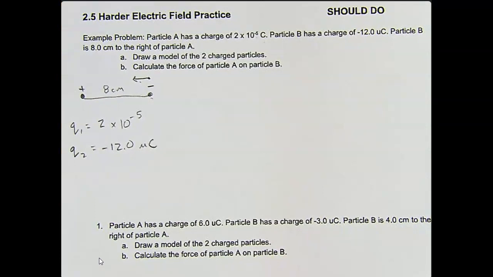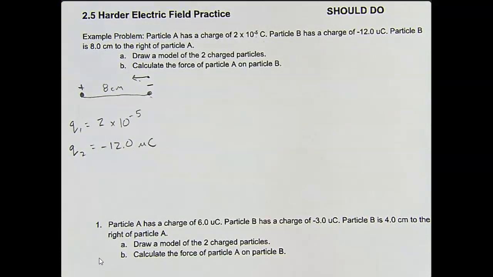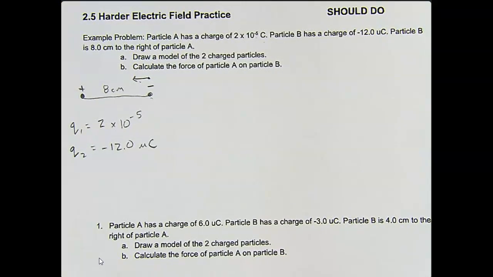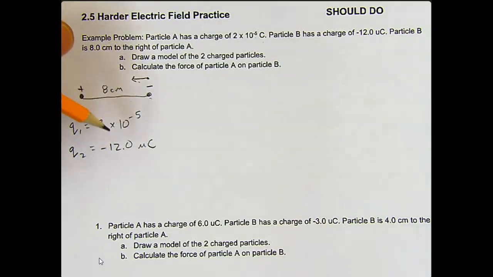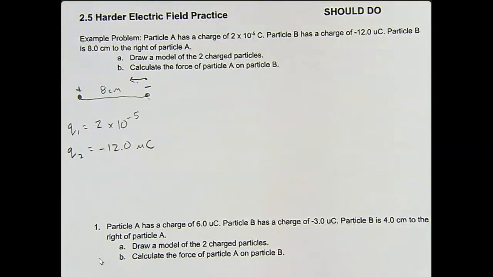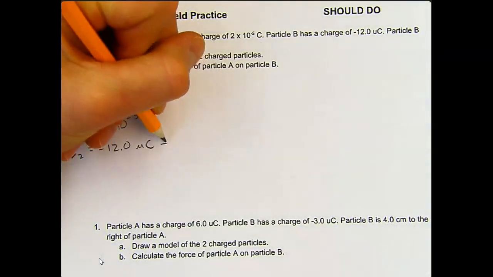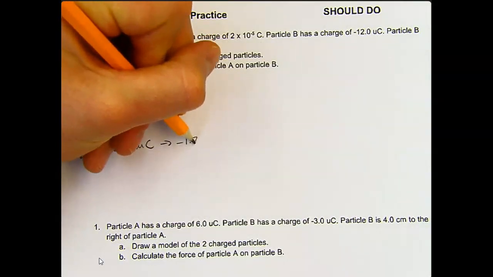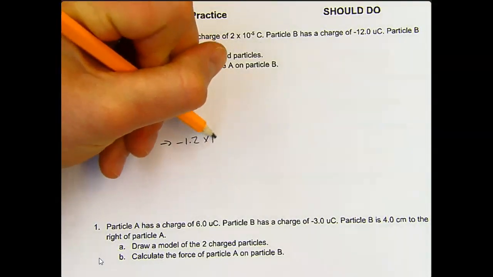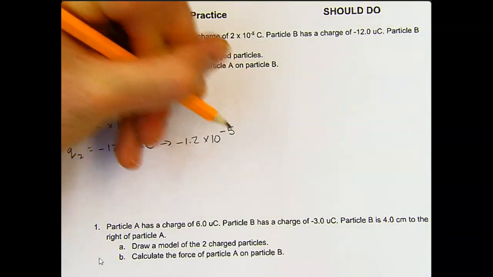To put that into scientific notation, we have to understand that micro means one millionth. So we're going to take our 12 and divide it by a million, and you would get negative 1.2 times 10 to the negative 5.